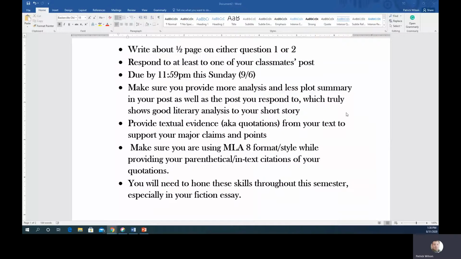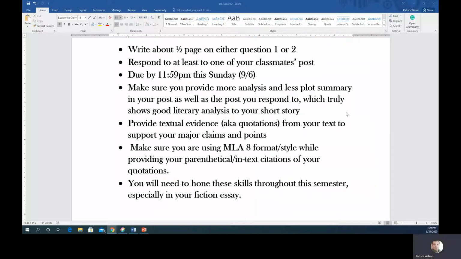As it relates to the works cited page, for your blogs, you don't necessarily need the works cited page, but I will tell you, every time you turn in an essay, essay 1, essay 2, the research paper, you will have a final page be your works cited page.